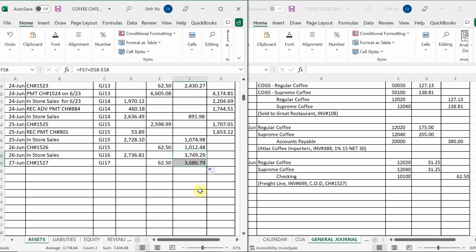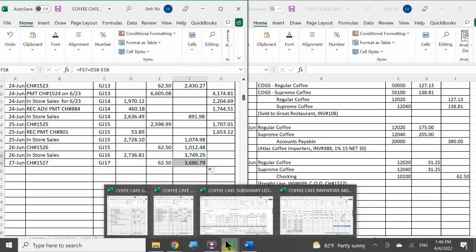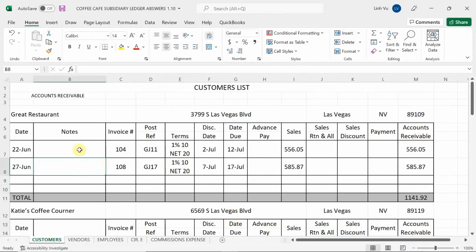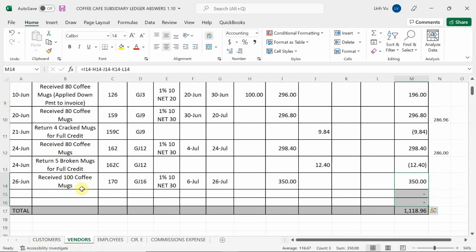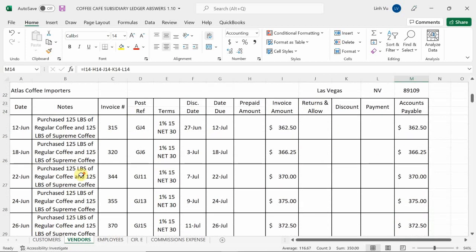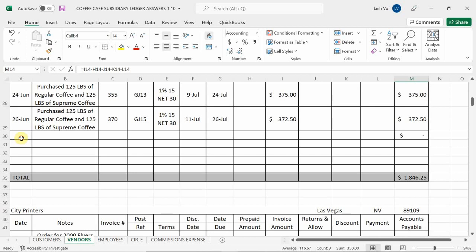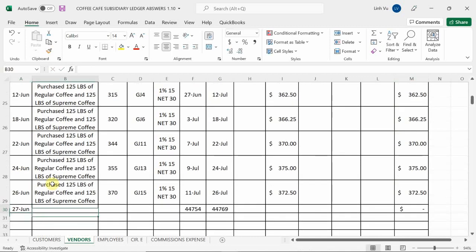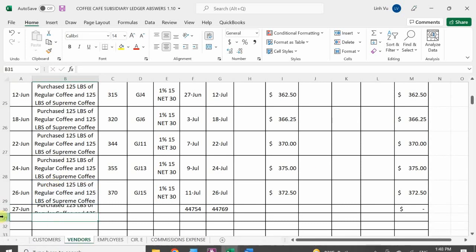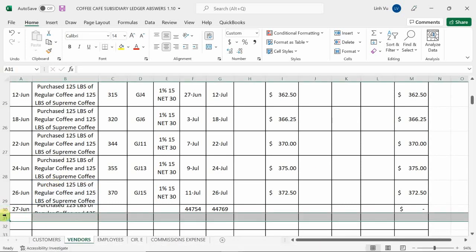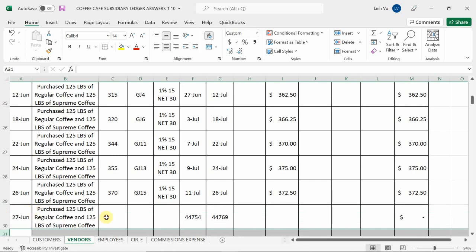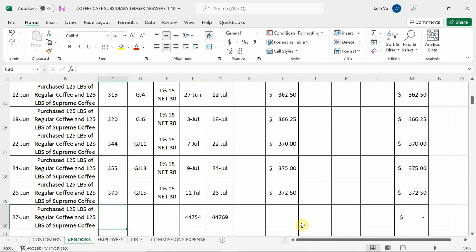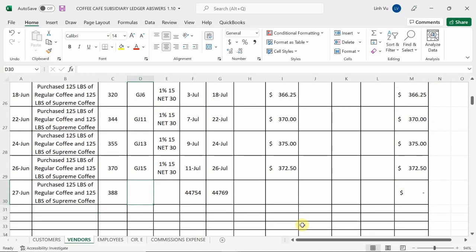All right, so what's next? Subledger. Subsidiary ledger. Okay, we gotta update that we owe Atlas Coffee more money. Here's Atlas Coffee. Right? We purchased 125 pounds of regular coffee and 125 pounds of Supreme coffee. Okay. Invoice number 388.